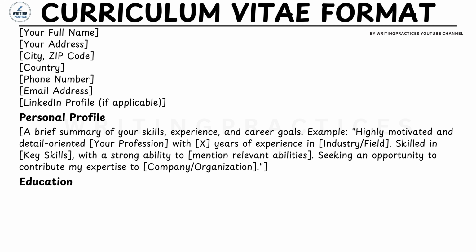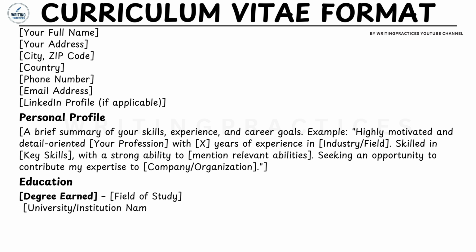Education, highlighting your academic background. In the education section, you list your academic qualifications, starting with the most recent degree. Each entry should include the degree earned, such as Bachelor of Science in Computer Science, the university or institution name, the location, city and country, the years attended.